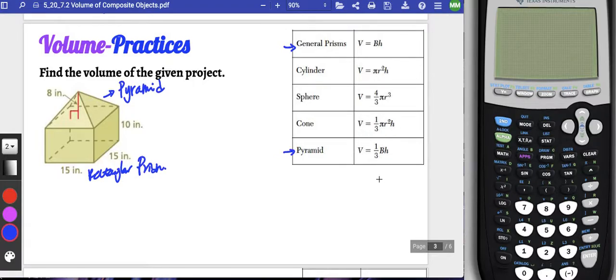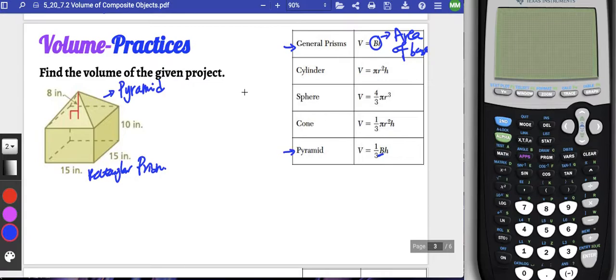As I mentioned in the previous class, the capital B in the formulas is not as simple as base. B stands for the area of the base. So the first thing is we need to figure out what kind of shape we're dealing with, and then we find its area.